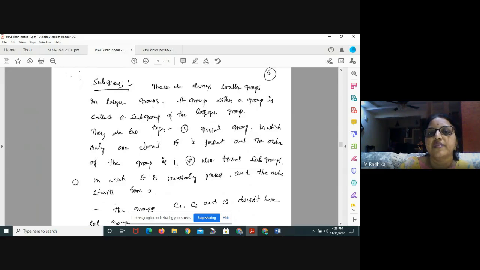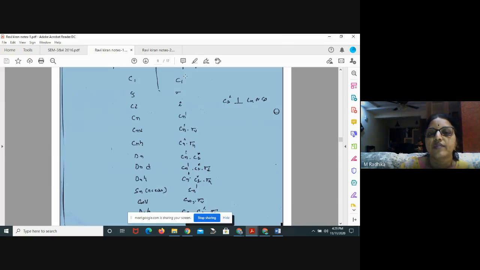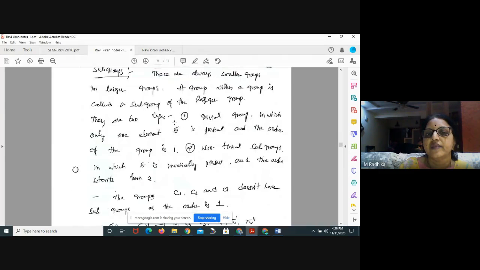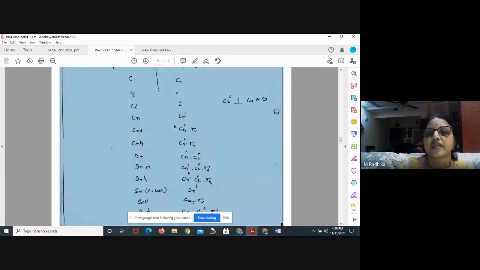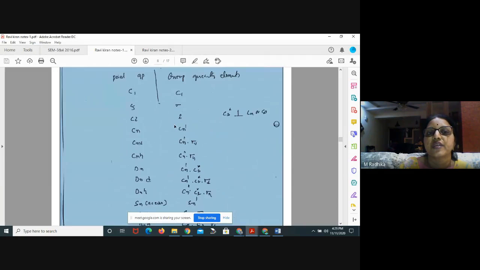Can you give me which point group will have only E? If I take C1, you will have only E. C1 means rotated 360 degrees, right? So you will have only one element, that is E. Remember these low symmetry point groups: C1, CS, CI.